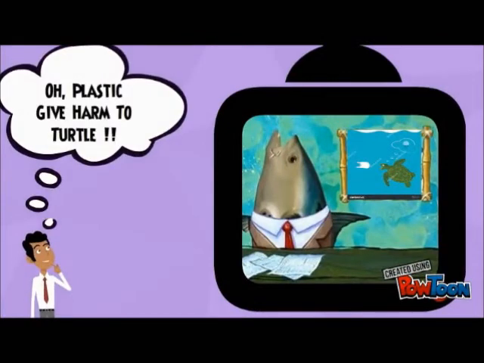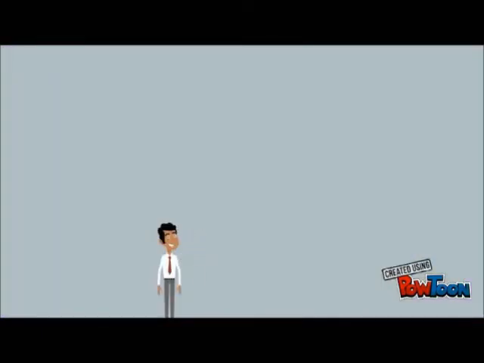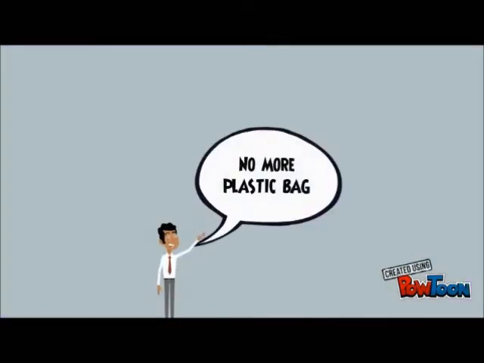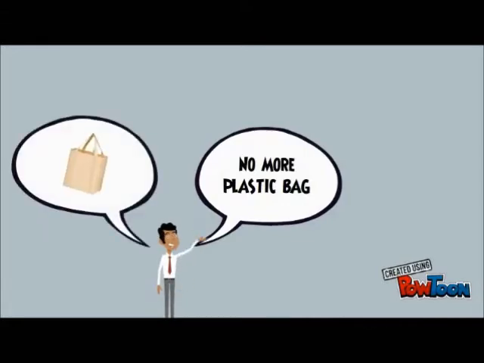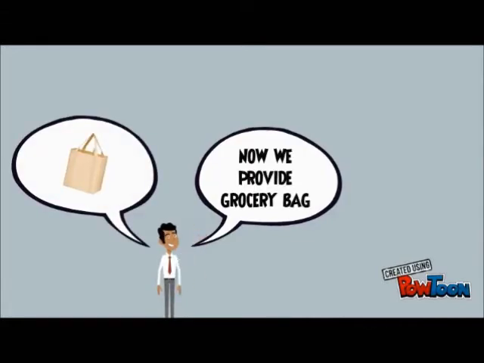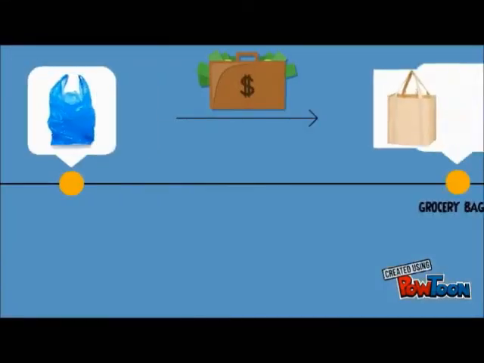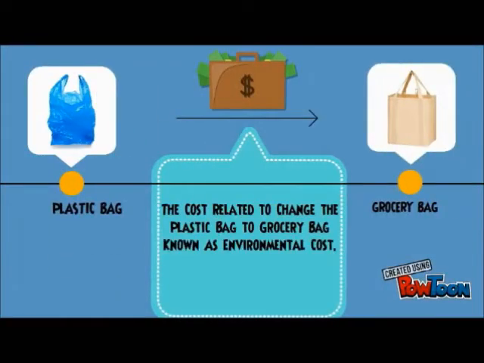It has harmed thousands of species of ocean wildlife each year because of the irresponsible acts of humans. Then they changed the policy by not providing plastic bags and changed to grocery bags that are made from cotton. The cost related to changing the plastic bag to the grocery bag is known as environmental cost.